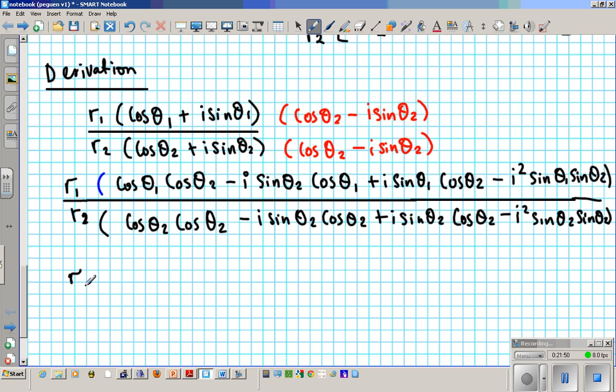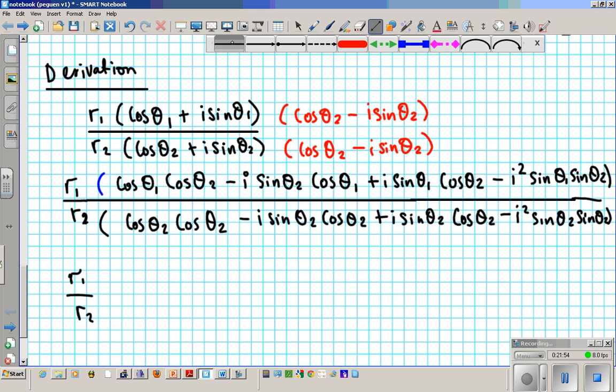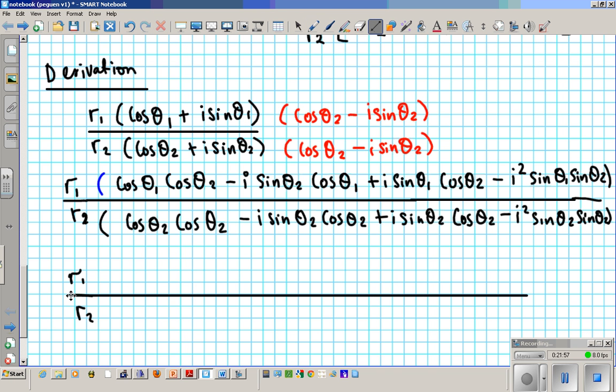Alright, r1 over r2 again. For the top, let's bring the cosines together: cosine theta 1, cosine theta 2. And then see it's I squared. Remember, I squared is negative 1, so this is going to be a plus sine theta 1, sine theta 2.